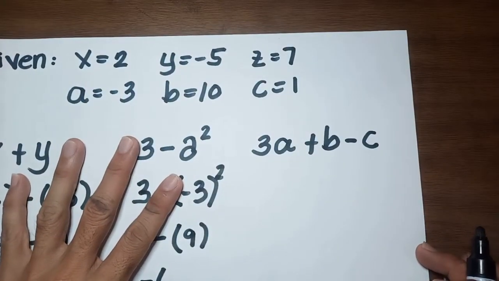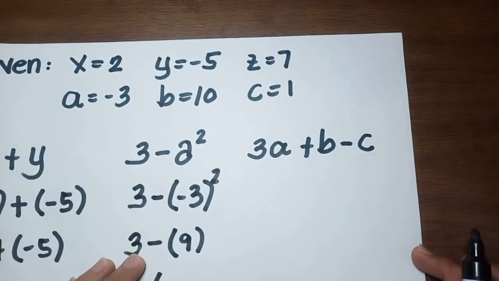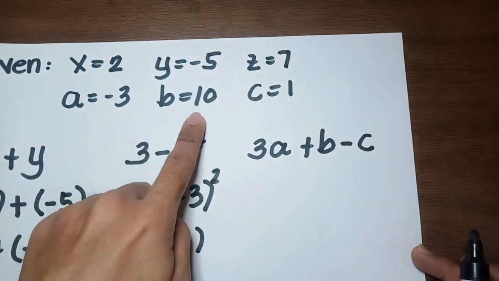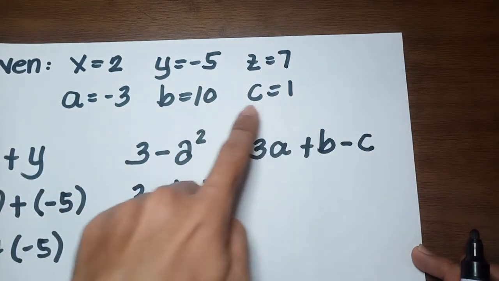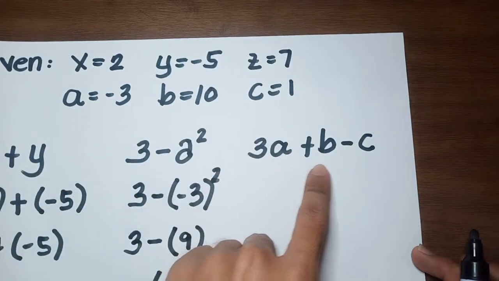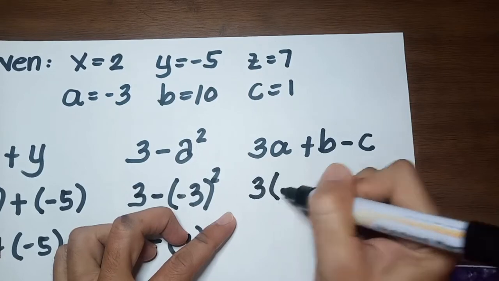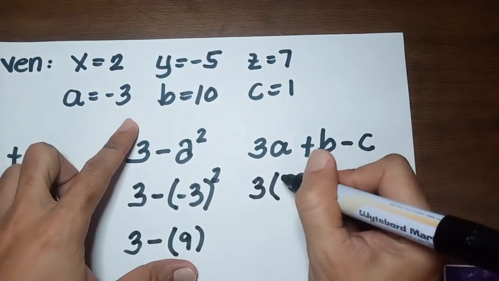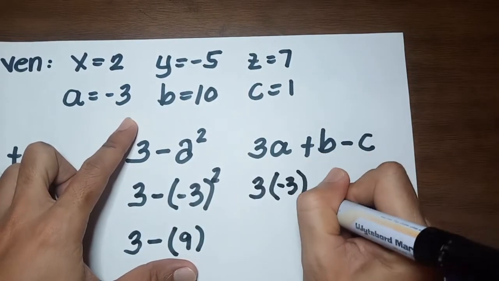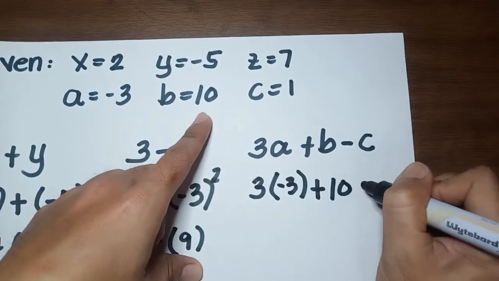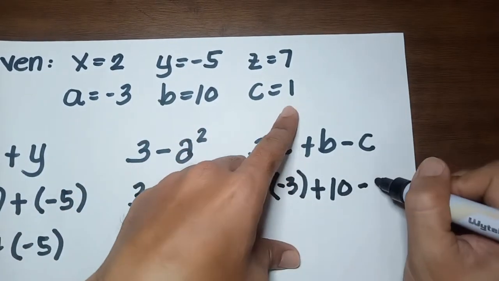Next example. For example, we are given 3a plus b minus c. Again, our a is -3, our b is 10, our c is 1. We will substitute these values to the variables here, so we will have 3 times our a is -3, so change that with -3, plus our b is 10, minus our c is 1.